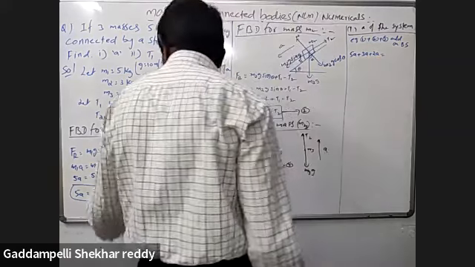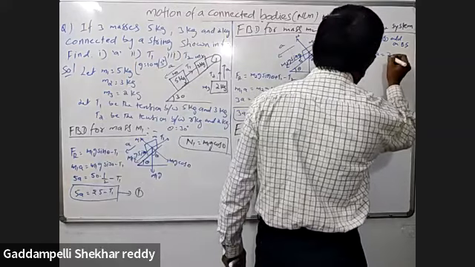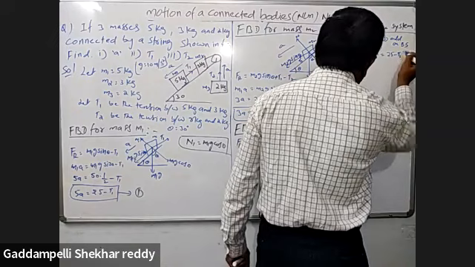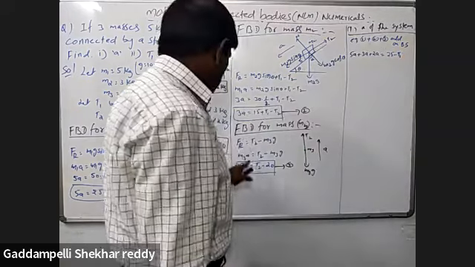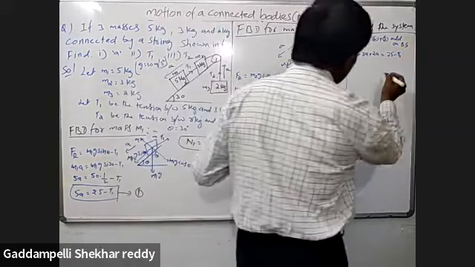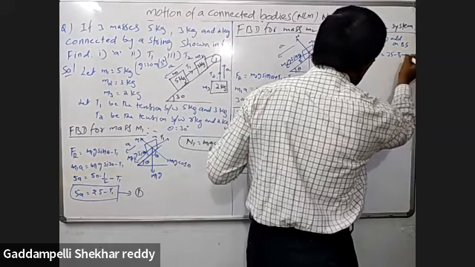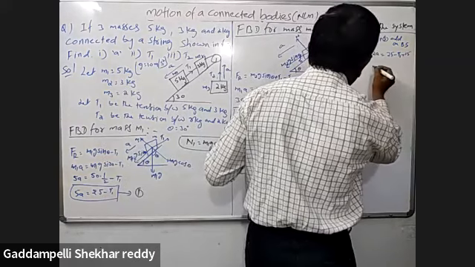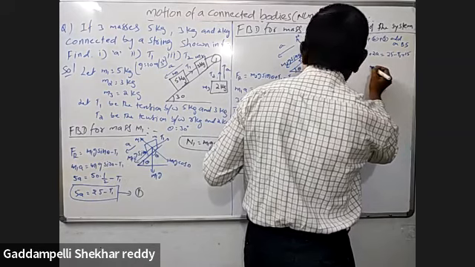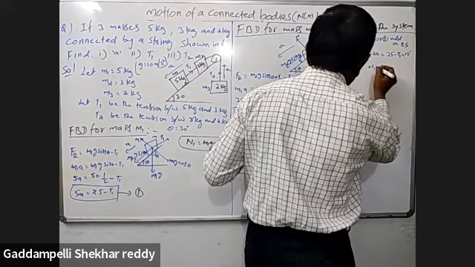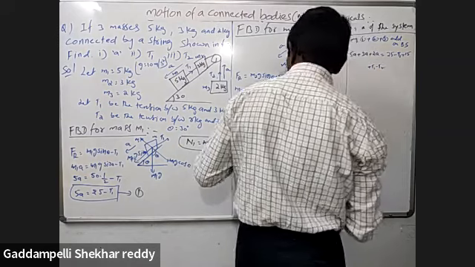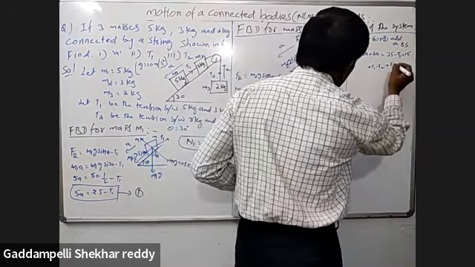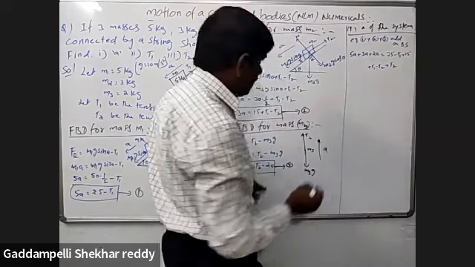Next, left side, first equation 25 minus T1, second equation 15 plus T1 minus T2, third equation T2 minus 20.